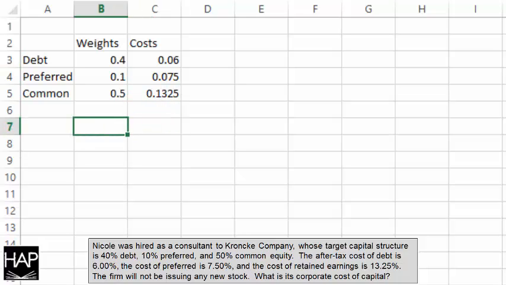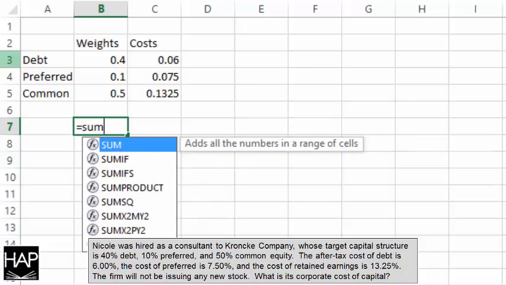When I use the formula where I did the weight of debt multiplied by the rate plus the weight of the preferred multiplied by its rate, and so on, what I was essentially doing was a sum product of these. So when I'm going in Excel, instead of writing in each separate cell and multiplying it and adding them as necessary, what I can do is use the sum product function.